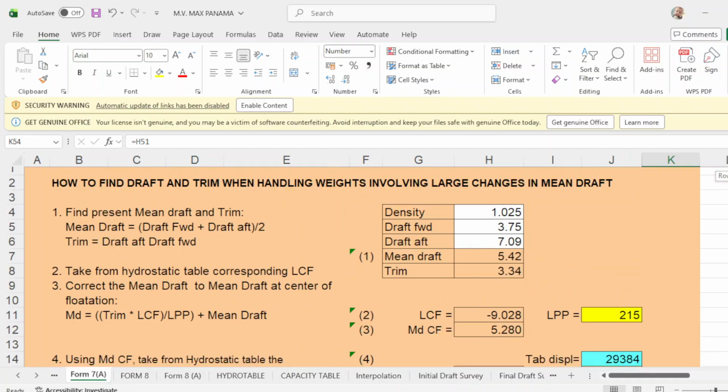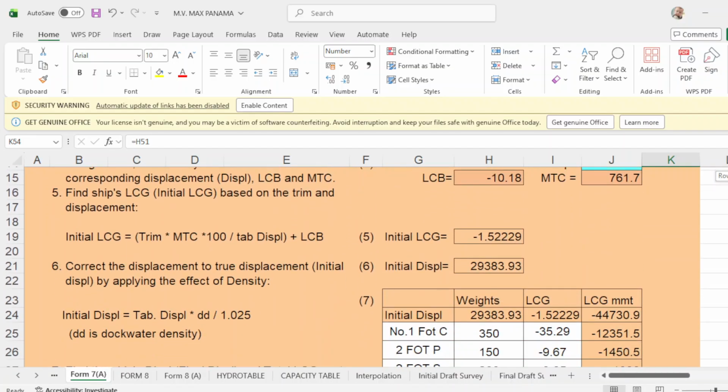That's why you put here displacement times 1.025 over 1.025, and this is your water density. So your density is the same. Initial displacement is your 29383, I got 85, and your initial LCG center of gravity is negative 1.52, which is this one. Multiply weights times LCG, this will be your LCG moment.